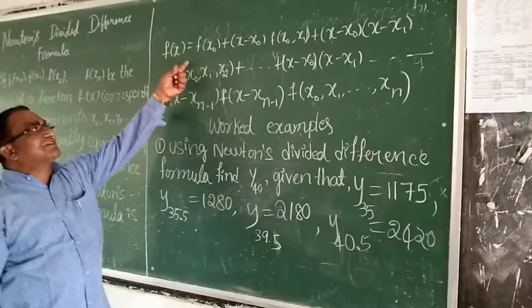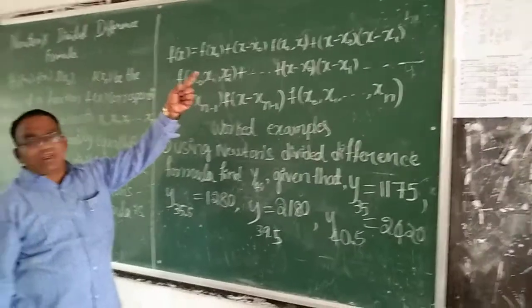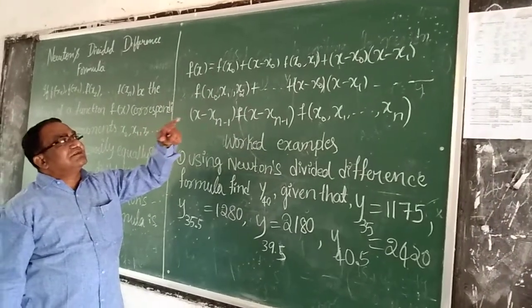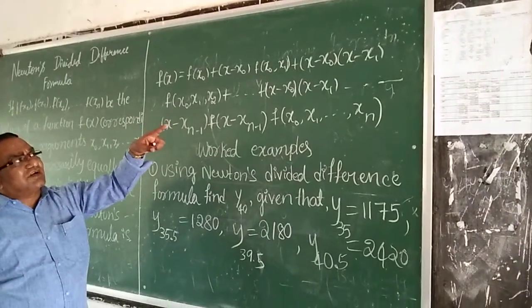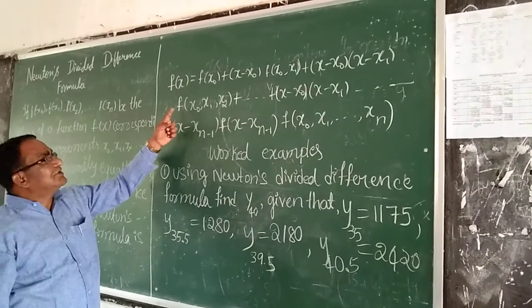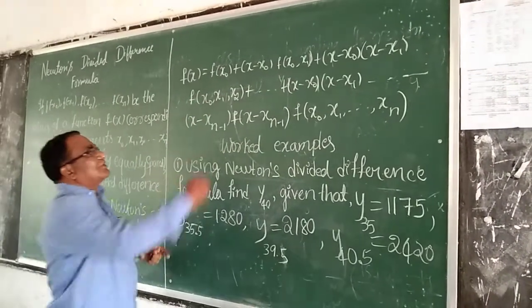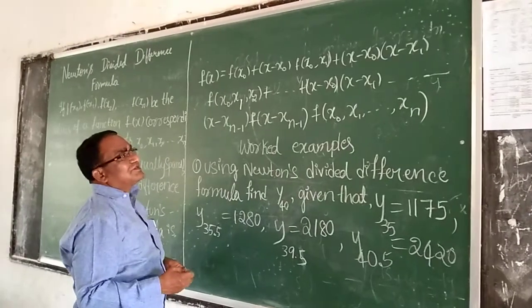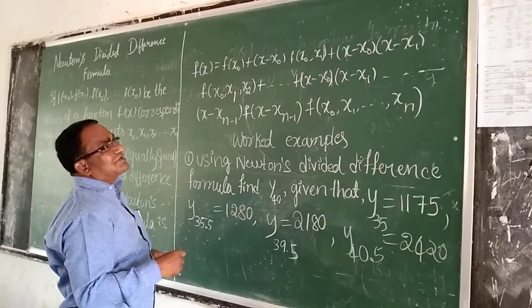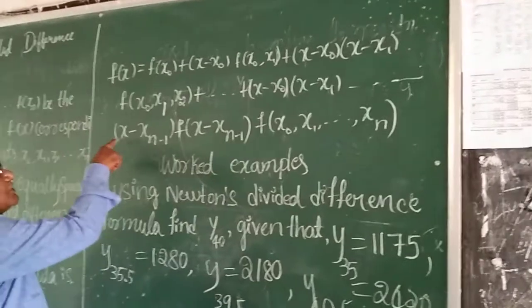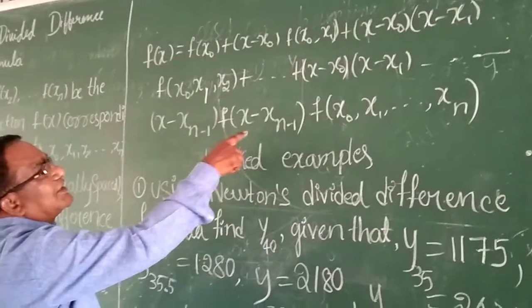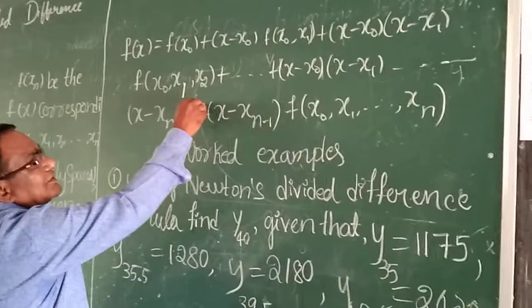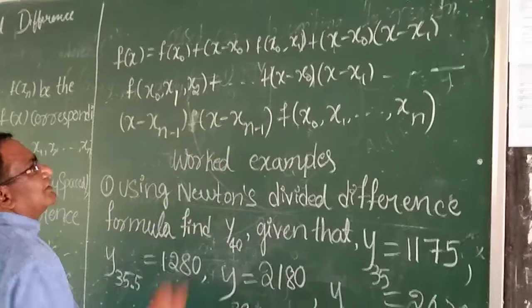f of x is equal to f of x0 plus x minus x0 into f of x0 comma x1 plus x minus x0 into x minus x1 into f of x0 comma x1 comma x2 plus and so on, plus x minus x0 into x minus x1 and so on up to x minus x(n minus 1) into f of x0 comma x1 comma and so on up to xn.